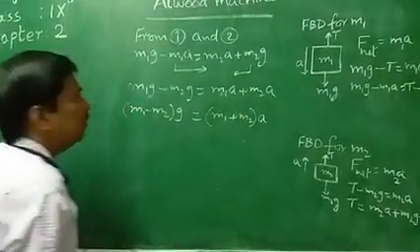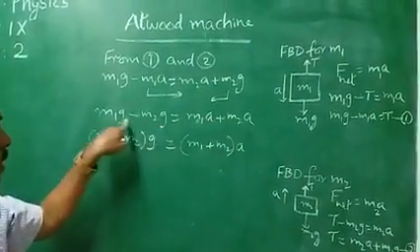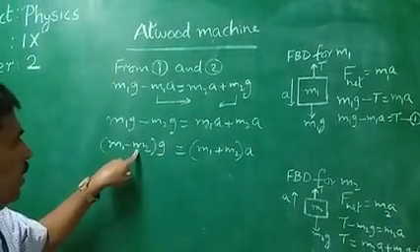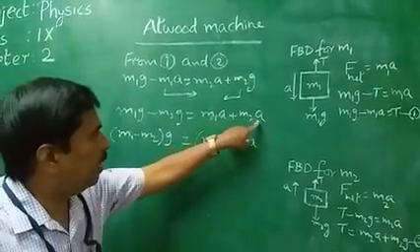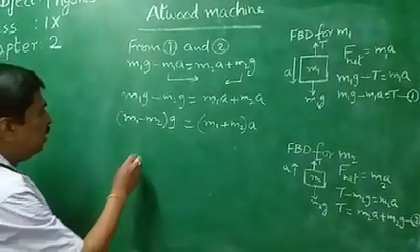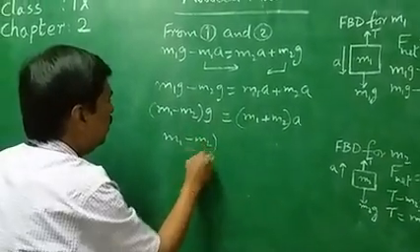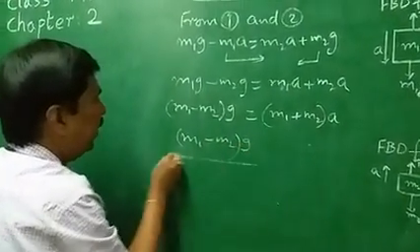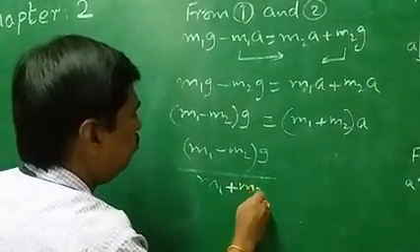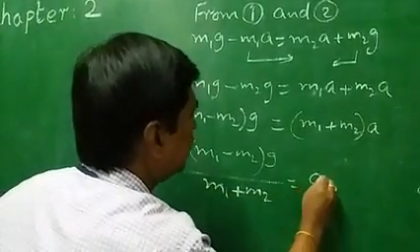So the common term on one side is g, and on the other it is a. From this, you get M1 minus M2 into g divided by M1 plus M2. This is equal to the acceleration.